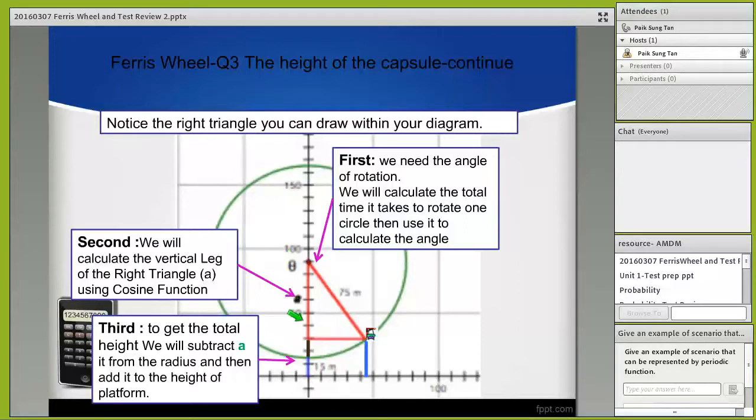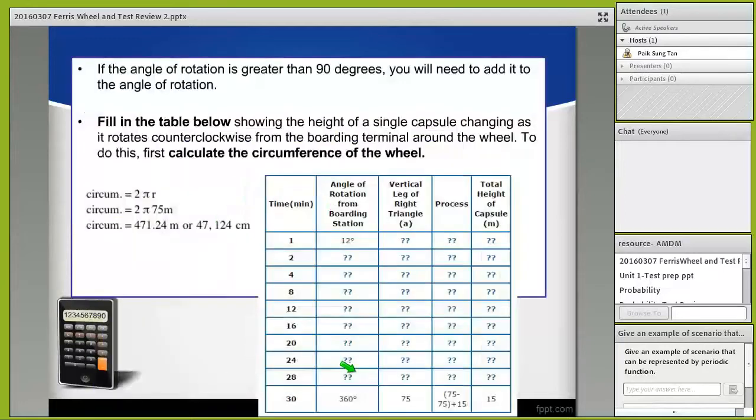Since we know this whole thing is the radius, after we calculate A, we will subtract it from the radius to get this black part right here, and then we add it to the platform 15 to get the total height right here. If the angle of rotation is greater than 90 degrees, then you will need to add it to the angle of rotation.